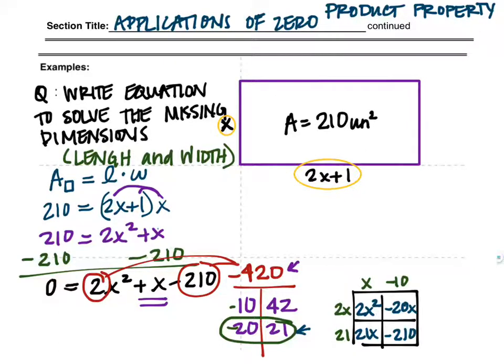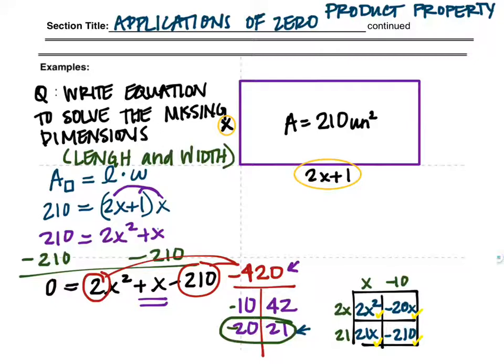Making sure that I check my work, I'm going to double check that x times x in fact gives me 2x squared. 2x times negative 10 in fact gives me negative 20x. x times 21 works out. And 21 times negative 10 also checks. So that's a really good sign.